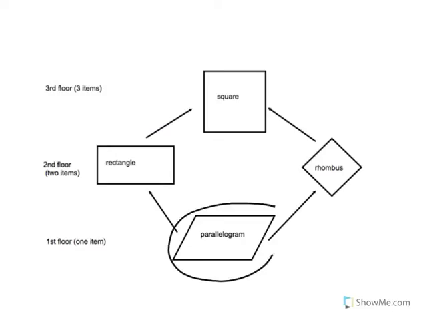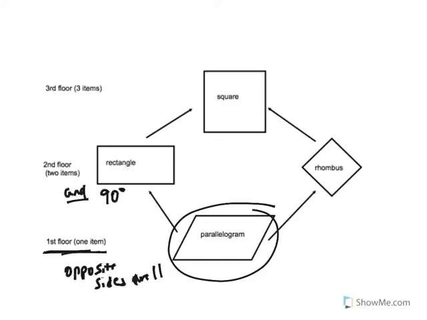So if you look at the parallelogram here, we only have to prove one property in order to prove a figure as a parallelogram. And that is that opposite sides are parallel. In a rectangle, we had to do this and prove that all four angles were 90 degrees.